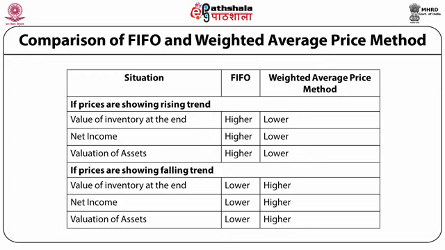In the first situation, when prices are showing a rising trend, the value of inventory at the end, net income, and valuation of assets are higher in FIFO method as compared to weighted average price method. Whereas, if prices are showing a falling trend, the value of inventory, net income, and valuation of assets are lower in FIFO method as compared to weighted average price method.